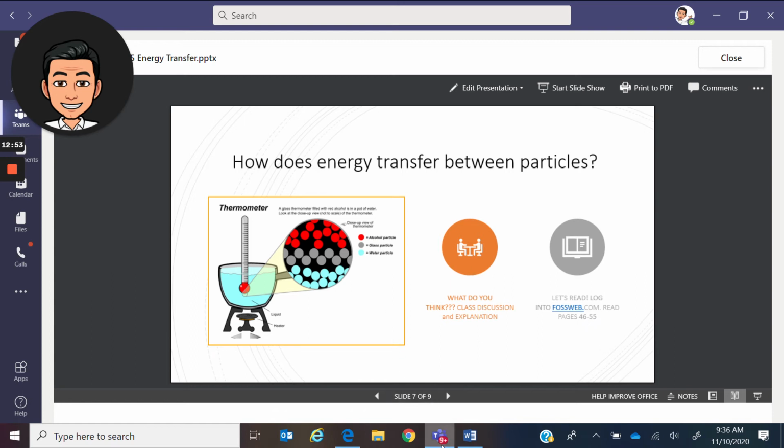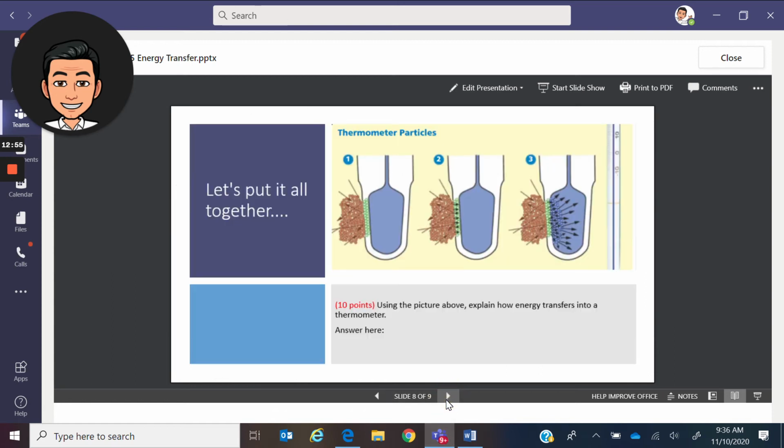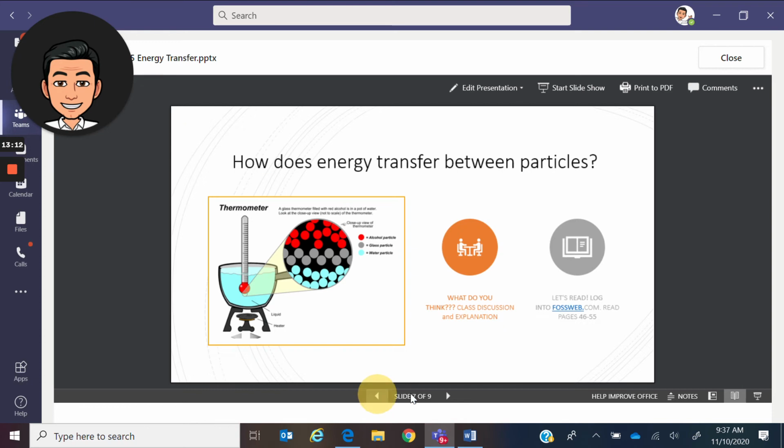And once you're done on FOSWEB, you will come to answer this question, and this is where your 10 points for today are going to come from. So on slide 8, I want you to put everything we've talked about together. This picture above, the thermometer particles, this is from the reading. So it's very important, once again, that you go to page 46 in your reading book on FOSWEB and do the reading that goes along.